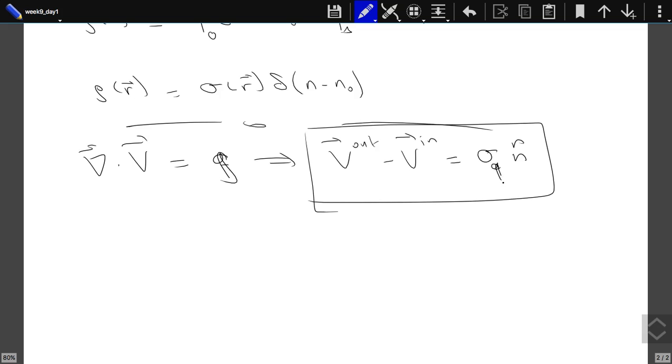Or let's say this is G. G is kind of a density, and G goes to sigma G times Dirac delta n minus n0 on the surface.